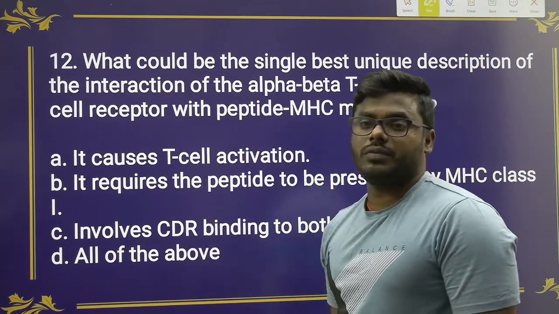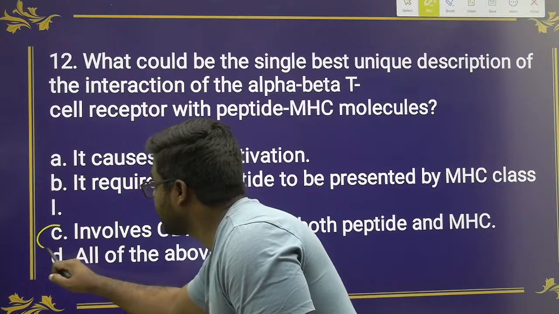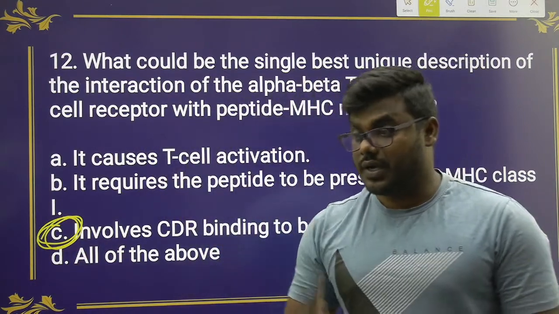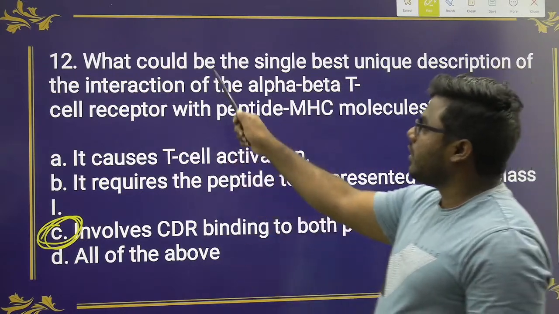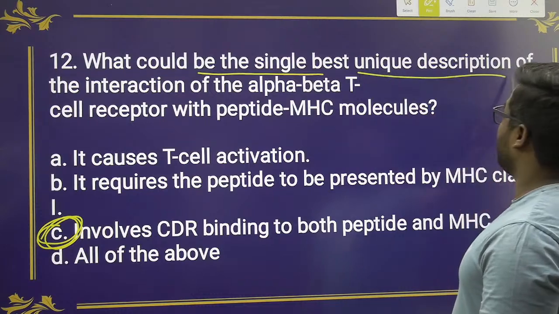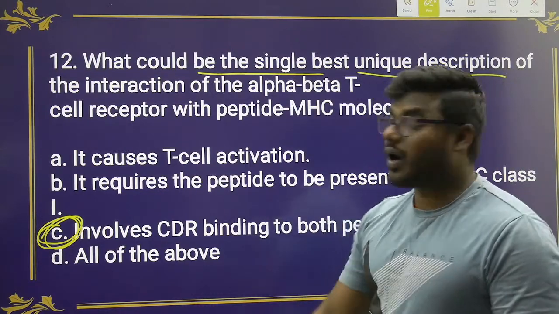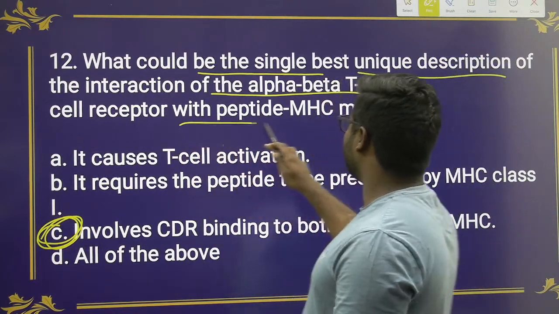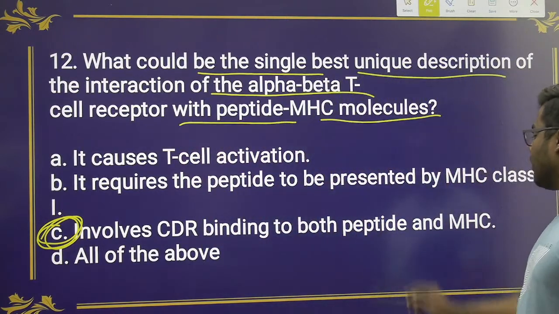Question number 12, the answer will be C. What is the question asked? All of you focus on the given question. What could be the single best unique description of interaction of the alpha beta T cell receptor with the peptide MHC molecule?